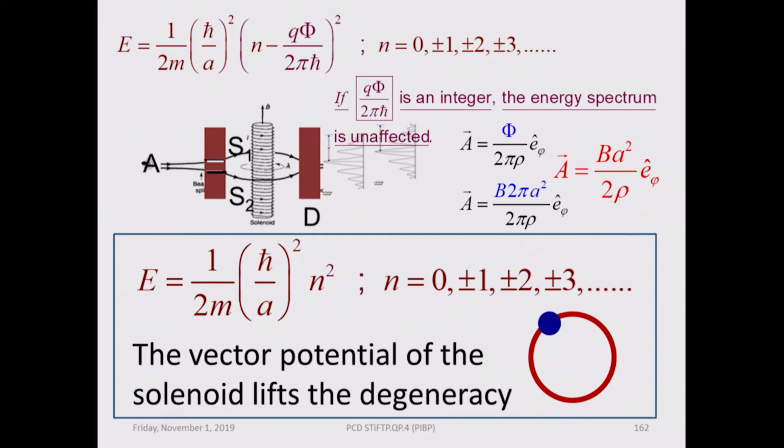But what also happens when you switch on the current in the solenoid is that there is a flux inside the solenoid, and as a result of this, the eigenvalues are now not degenerate. So, whatever degeneracy was there in this charged particle on a ring problem is lifted by the vector potential. Okay?